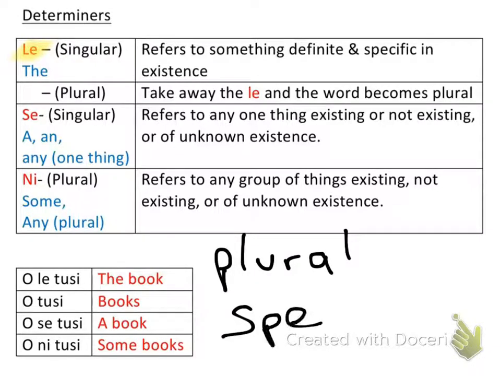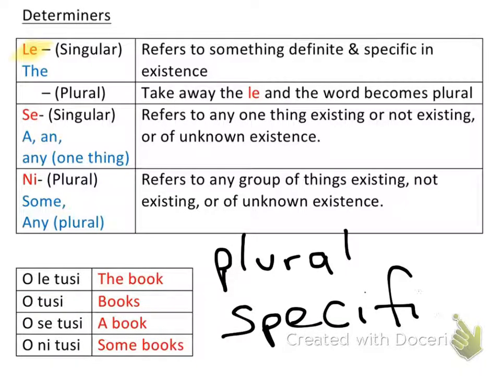So if I'm talking about bring me the books, okay? Again, it's plural, and you're talking about a specific set of books that you want, okay? So that is when you take away the le. So if I just, like shown, I took away this le. There's no le right here. In the above sentence I had le, so that made it singular. But now I take away that le and I'm pluralizing it. And I'm still talking about specific amount of books, but it's not a single amount anymore.